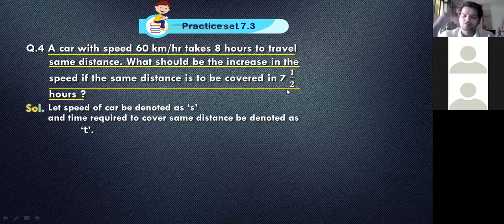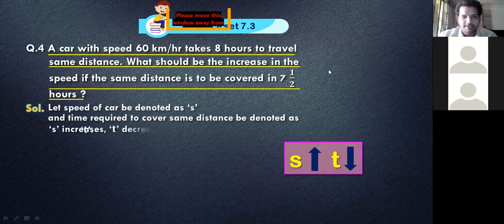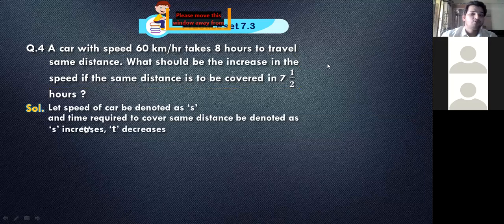If you walk slow, you will take more time to reach at home. Correct? Exactly. So this is how speed and time are related. They are related inversely. So they are in inverse proportion. Correct? So what we can say, speed is inversely proportional to time.